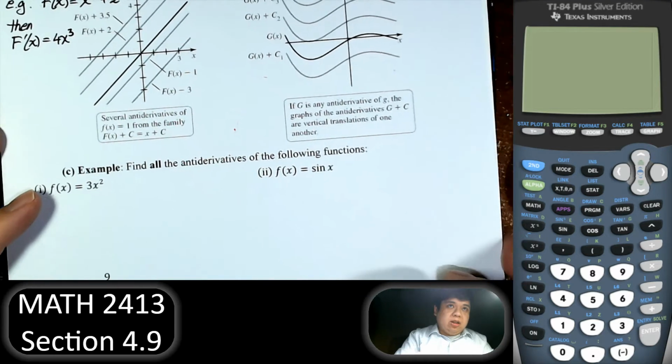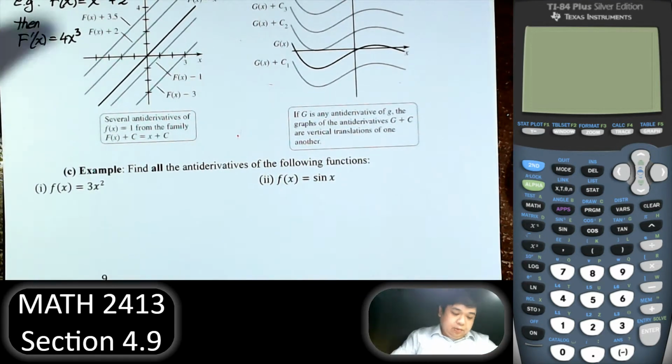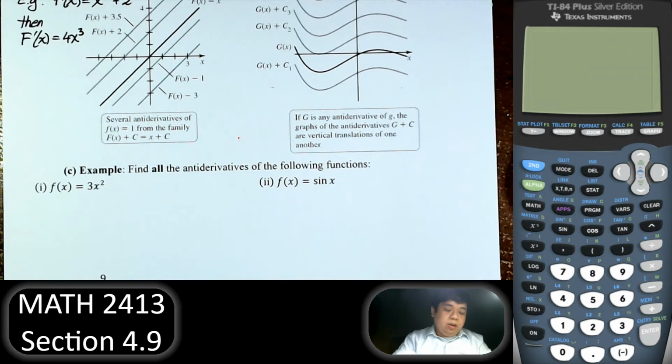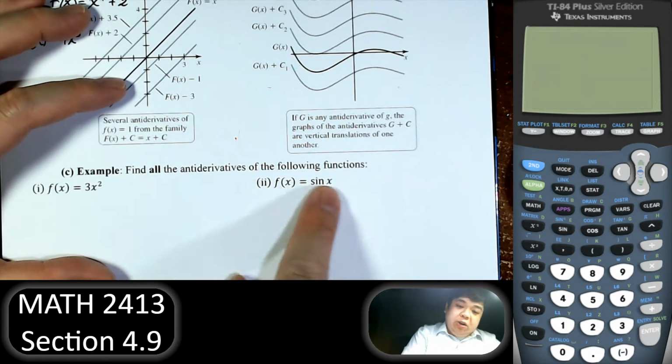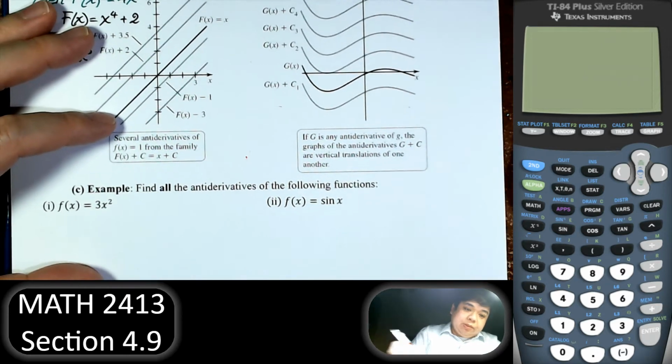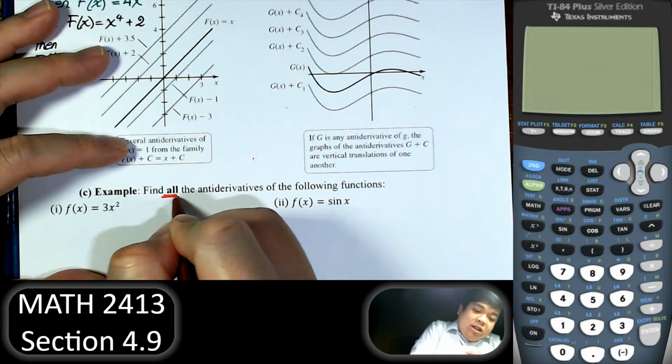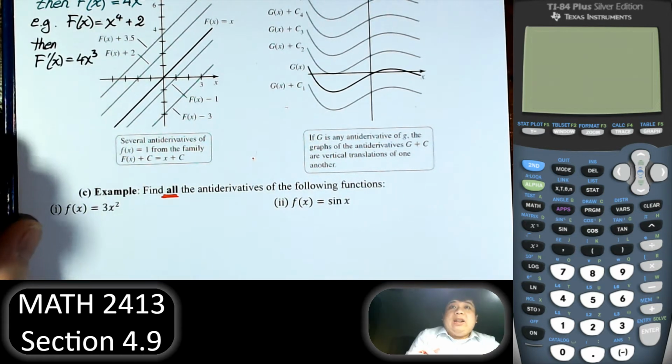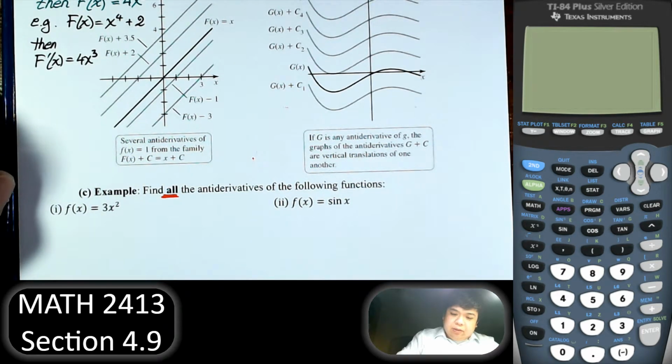Right, let's look at some examples. Find all antiderivatives of the following functions. Now we have to find all the antiderivatives, meaning that we have to add a constant c to it.